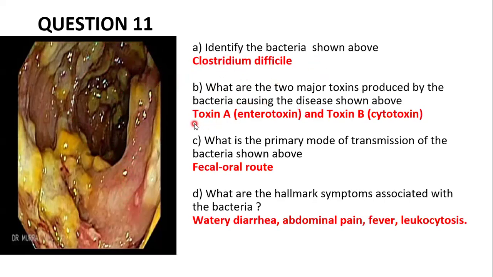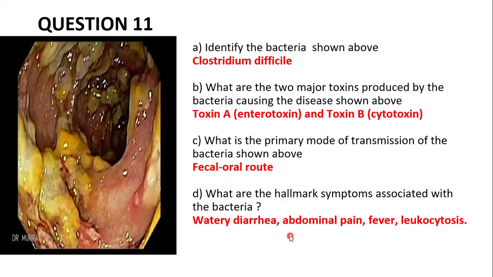The toxins are toxin A and B, enterotoxin and cytotoxin. These toxins damage the enterocytes, the cells that line the large intestines. Then the primary mode of transmission is fecal-oral. Hallmark symptoms. So this is a GI disease, so any GI symptom that you have, you just mention it.